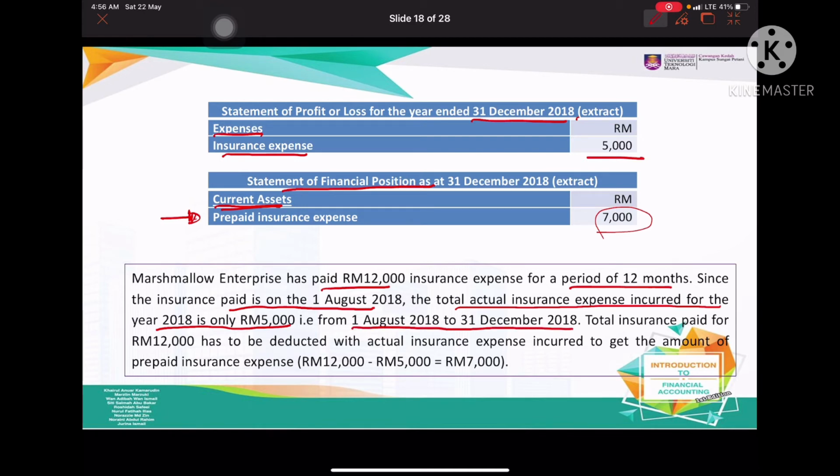So the total insurance paid of 12,000 is deducted by the actual insurance incurred to get the amount of prepaid insurance expense. We paid for 12,000; 5,000 is only for that particular year, and the rest is paid in advance, 7,000.